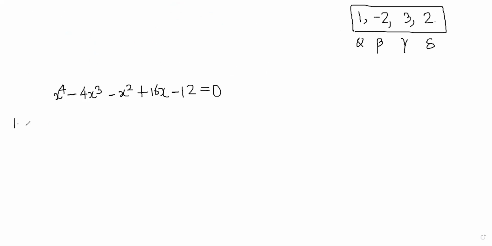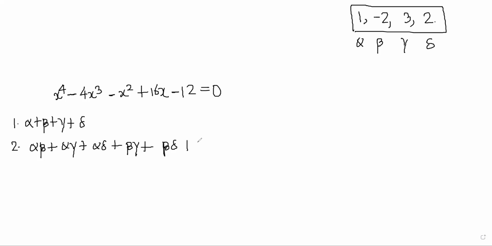You will be able to find alpha plus beta plus gamma plus delta. Then alpha beta, 2 at a time: alpha beta, alpha gamma, alpha delta plus beta gamma plus beta delta plus gamma delta. 6 terms will come when you get 2 at a time. Then 3 at a time: alpha beta gamma plus alpha beta delta plus beta gamma delta plus one more term, alpha gamma delta.